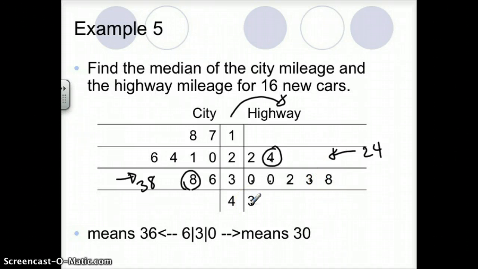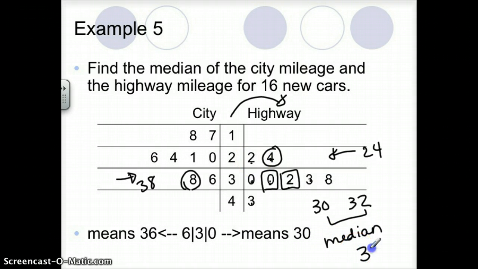So I know that's an even number, so 8. It's going to be halfway between the 4th and the 5th number. So if I'm looking here, 1, 2, 3, 4, 5. So the 4th is the 0, and the 5th is a 5. So it should be between 30 and 32. It looks like my median for highway is 31.